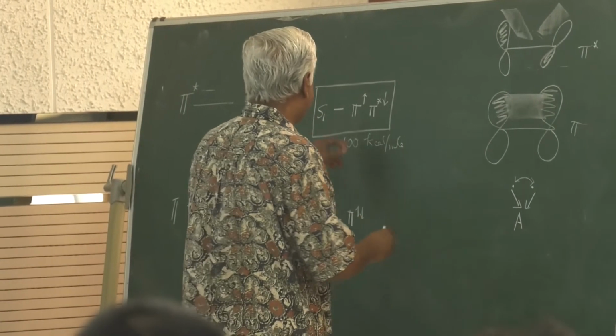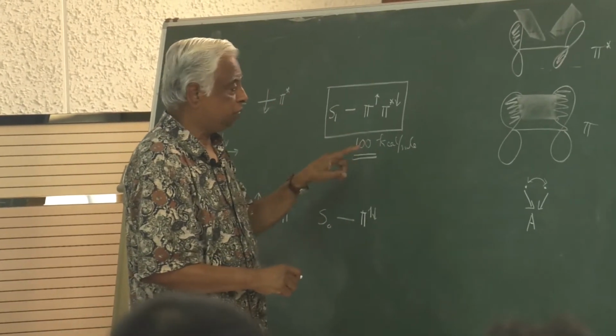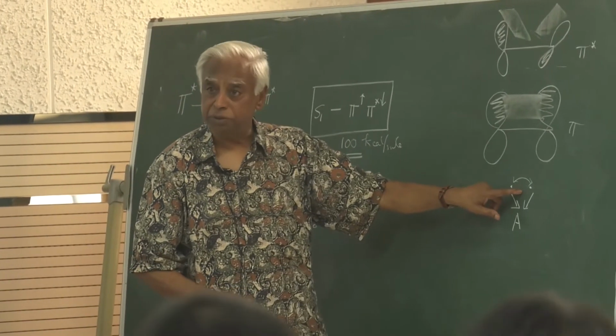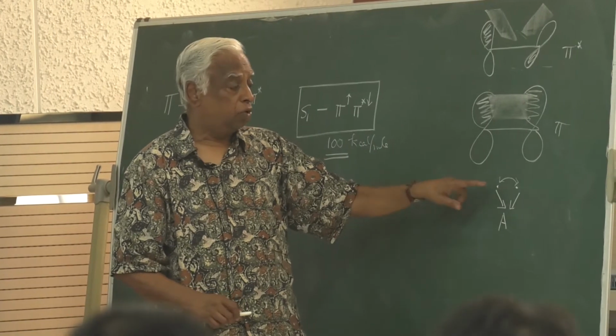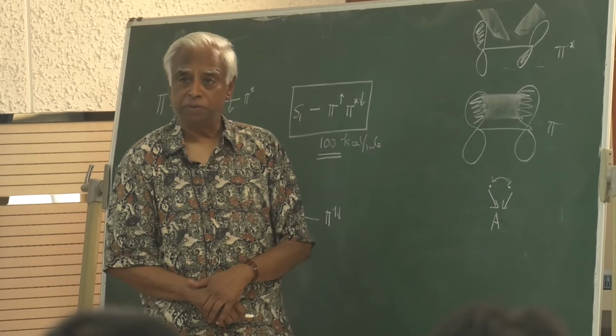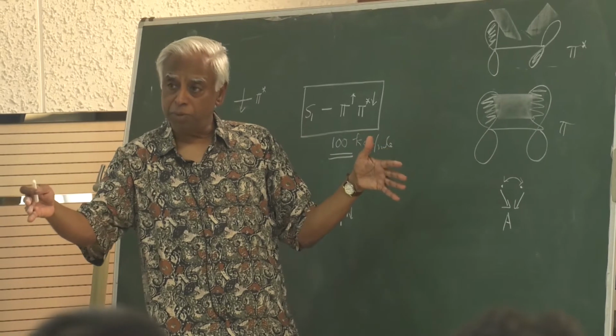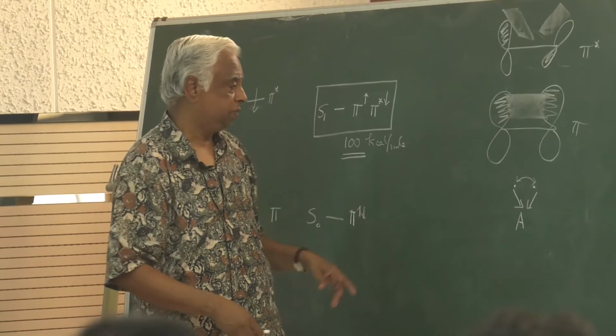So the number that you calculate here is not completely correct, because you will have to worry about the repulsion. How much is the repulsion? It depends upon where the two electrons are. If they are closer, repulsion will be large. If they are far apart, the repulsion will be less.